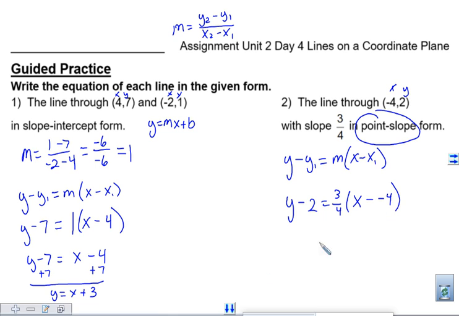Now, we need to clean this up a little because we have a minus negative here. When you minus a negative, it becomes a positive. So we have y minus 2 equals 3/4(x plus 4).